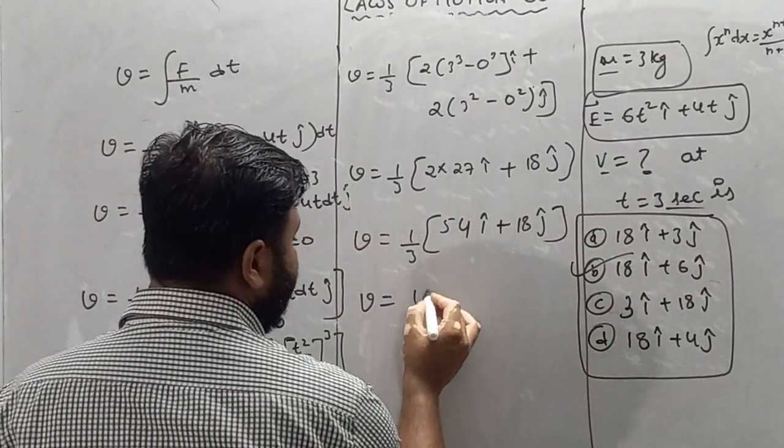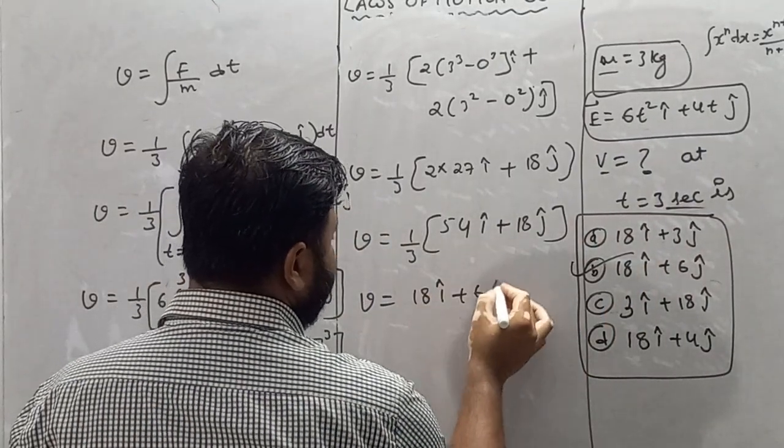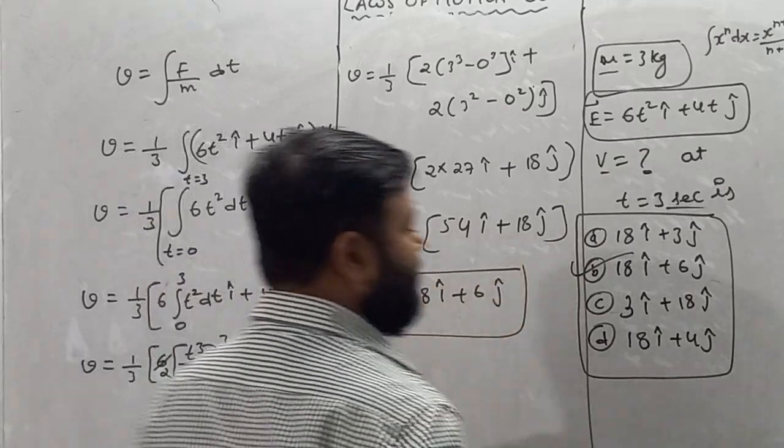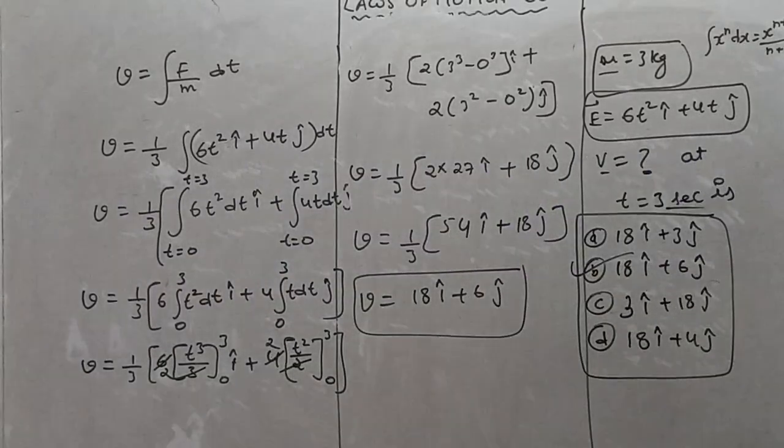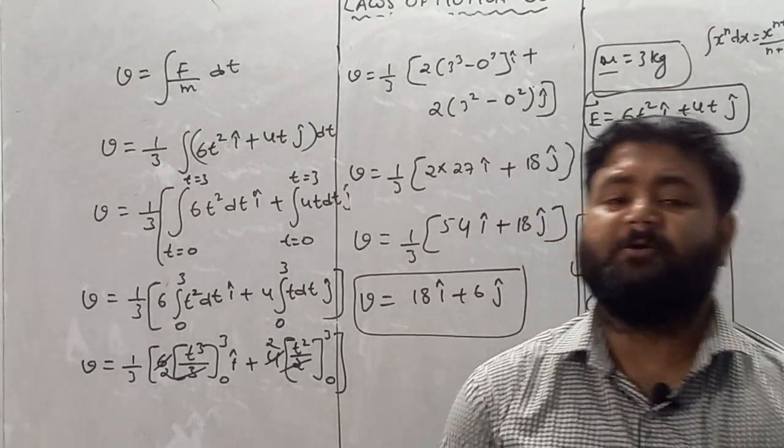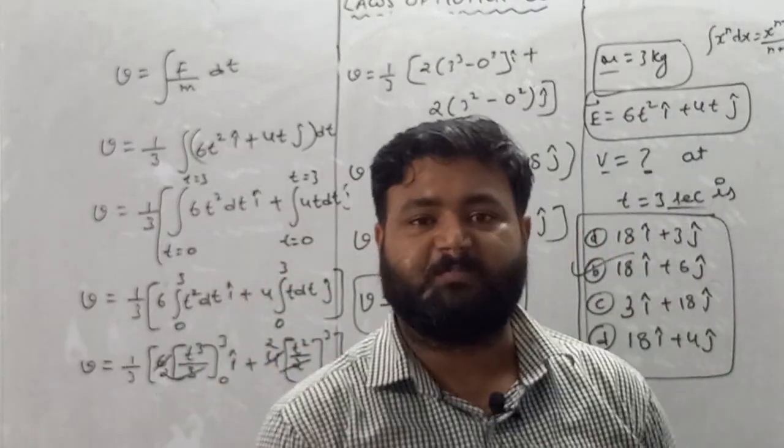This is the value of velocity acquired by the particle from t equals 0 to t equals 3 seconds. I hope you all understand the question performed here.